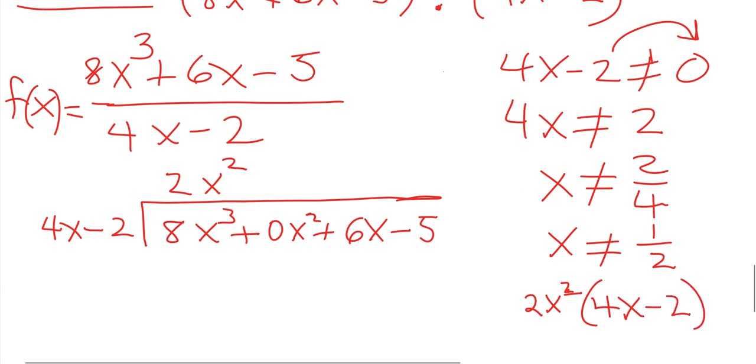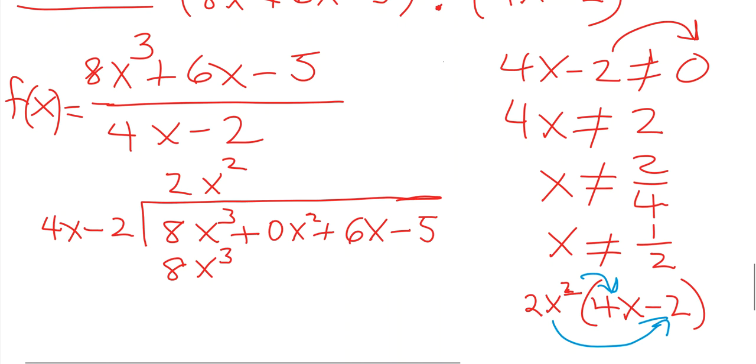Okay, that would be 8x cubed minus 2x squared times 2. If you're lost, I'm doing this right here. I'm multiplying this now. First I did this times this, and then I do this times this over here.